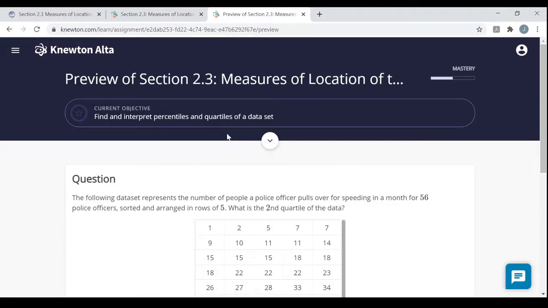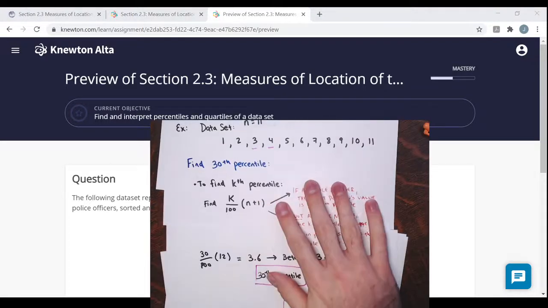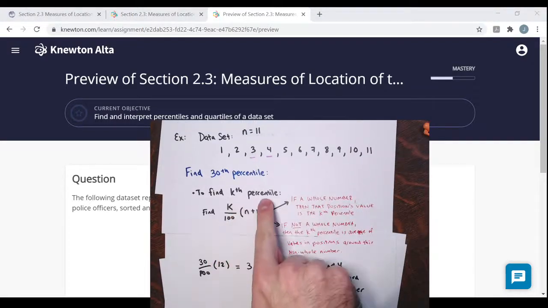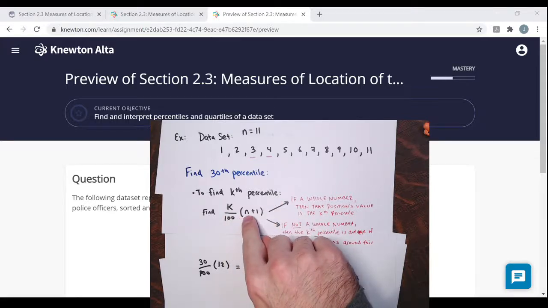All right, so now we're getting to this objective, which I already discussed a little bit. This was finding percentiles and quartiles, and I described that to you here. If I want to find the kth percentile, I take k over 100 times n plus 1.